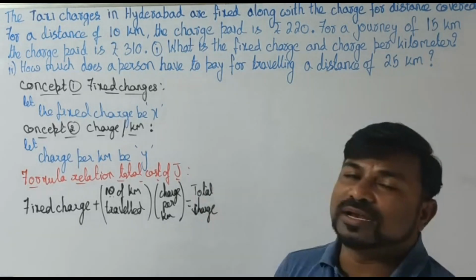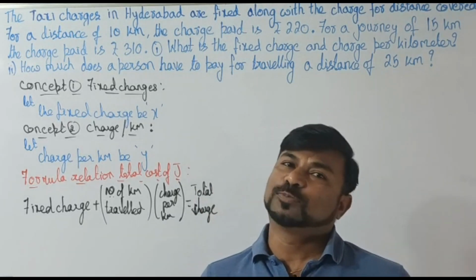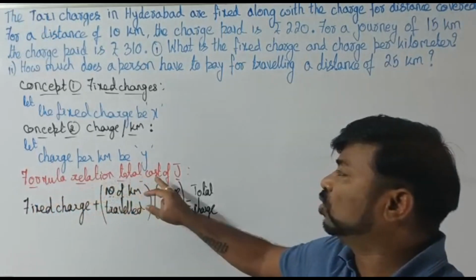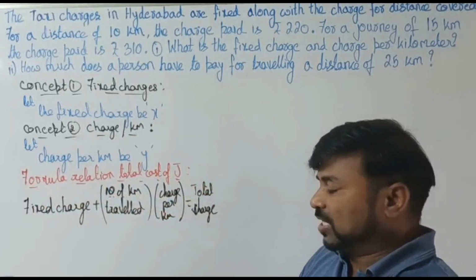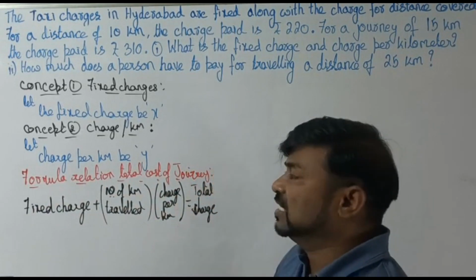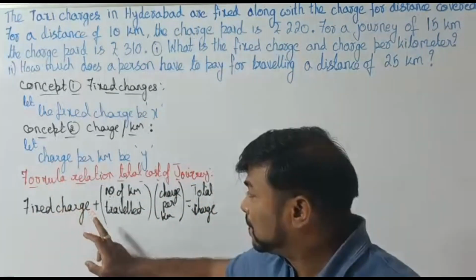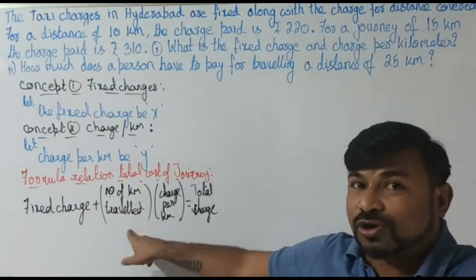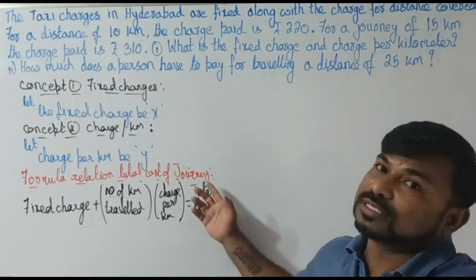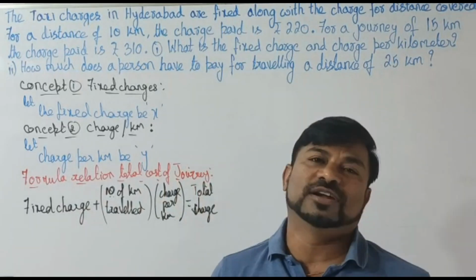This is the formula for any mode of transportation. I repeat: fixed cost plus number of kilometers traveled times charge per kilometer equals the total charge. This is the general formula.